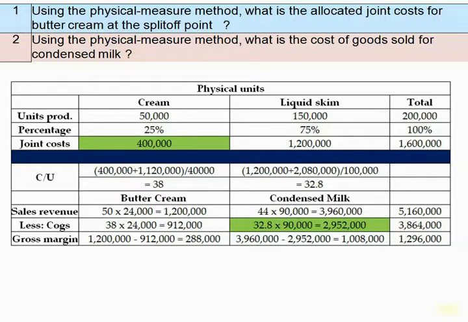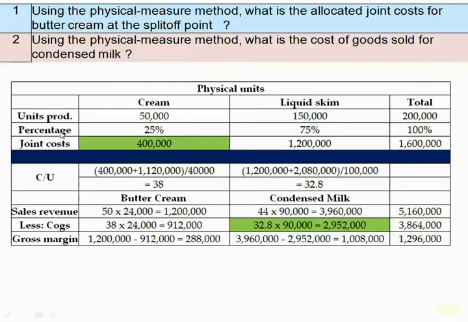At the split off point we have two products which are cream and liquid skim. Units produced from cream is 50,000 gallons, from liquid skim is 150,000. Total 50,000 plus 150,000 equals 200,000.